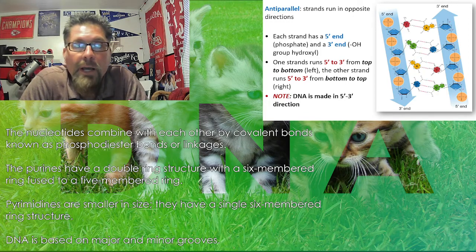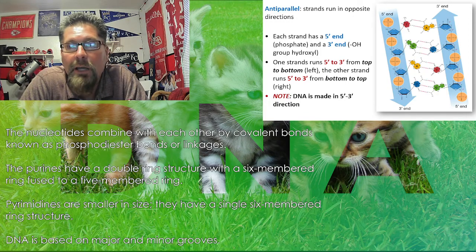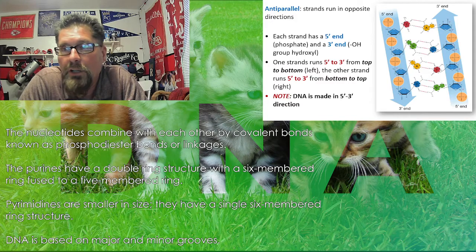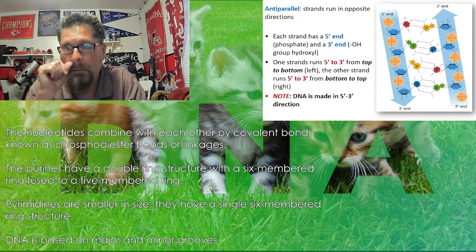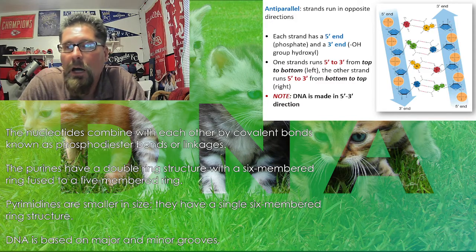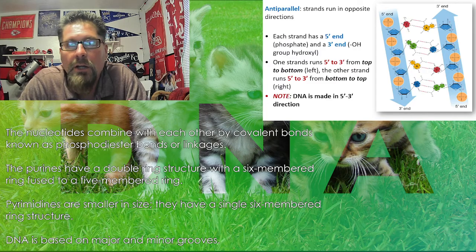Now when DNA is replicated, it's made in the 5' to 3' direction. So if you're looking at the diagram beside me here, when the DNA is replicated, it's going to be separated from each side.